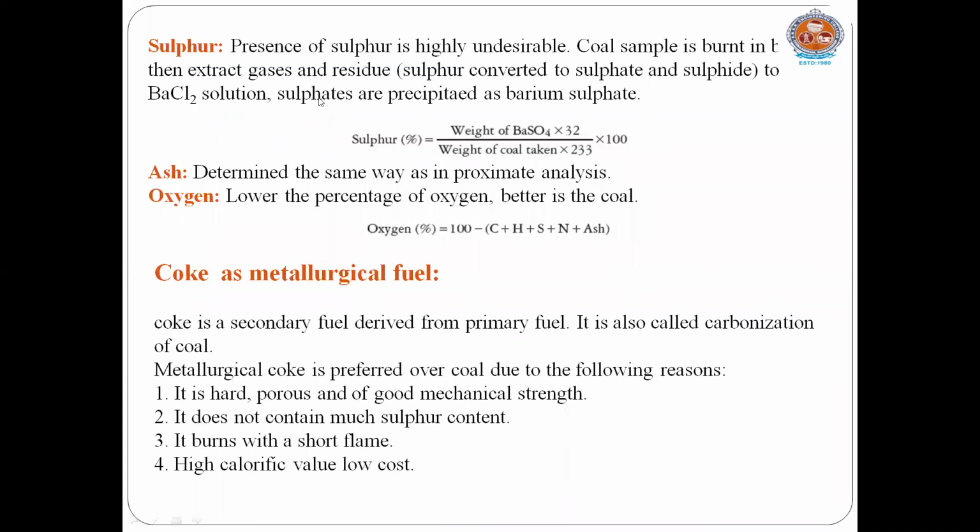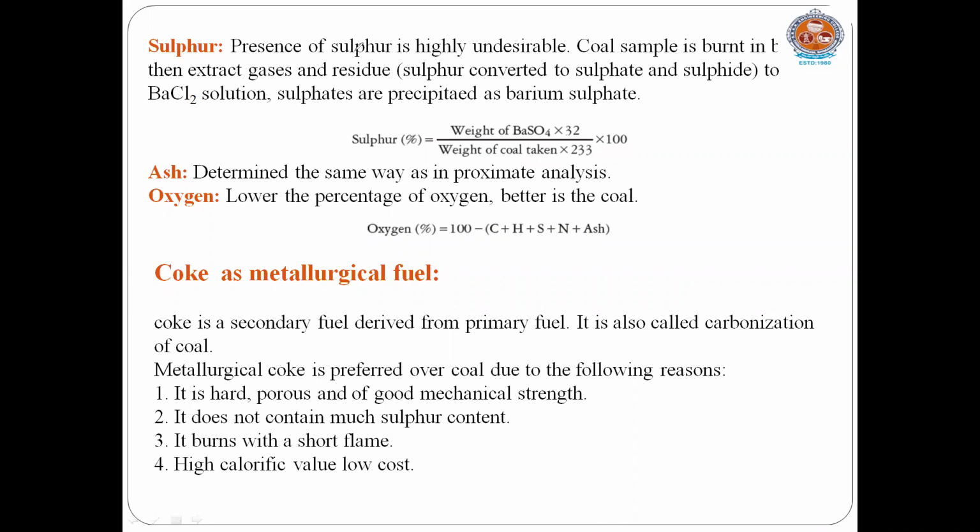Next, sulfur content. Determination of sulfur content. The presence of sulfur is also highly undesirable because it produces corrosive gases like sulfur dioxide and sulfur trioxide.